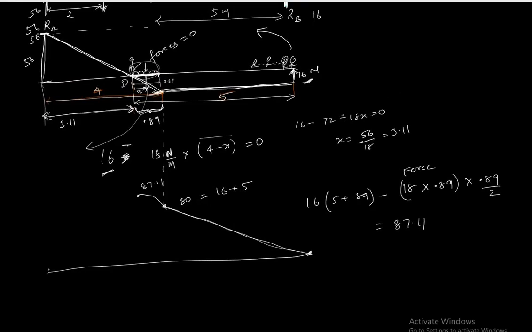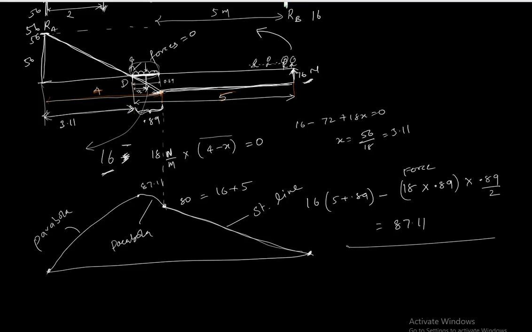Now from here you can simply connect it back to here, because when you calculate the moment the same way at this point you will get 0, right? So this is a parabola, this is also a parabola, and this is a straight line. Okay, so 0, 80, 87.11, and back to 0.